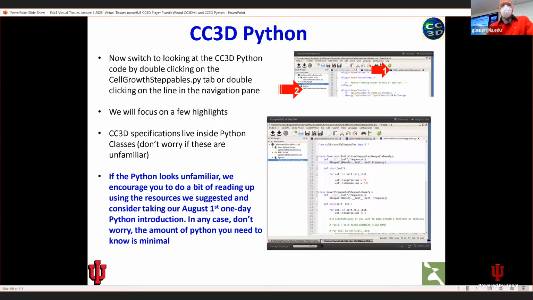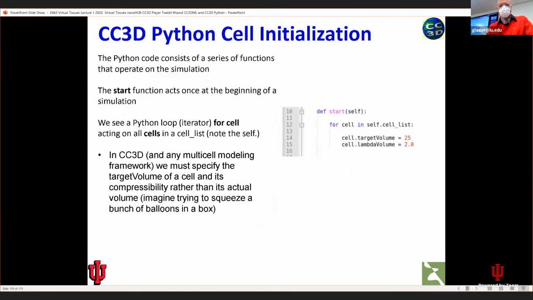Okay. Again, if the Python looks unfamiliar, don't worry, we're not going to do a lot with Python at the moment. You'll see that all of the simulations have three components, two of which we'll use a lot. There's a start function, which is called once at the beginning of the simulation, that we use to initialize things, and then there'll be a step function that's iterated every time you step the simulation.